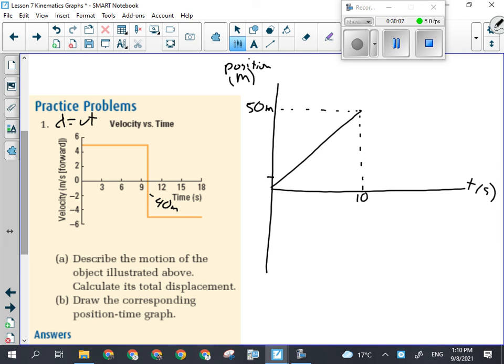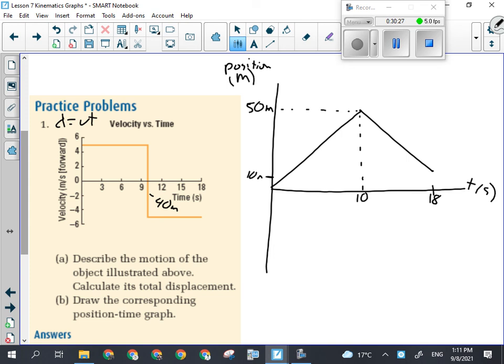So then I would have a line here at 10 meters and say, all right, here's 18 seconds. It gets to that point, and at the end, it still has a displacement of 10 meters forwards.